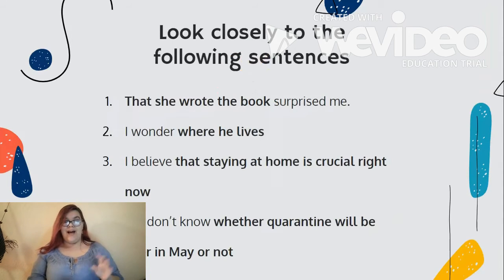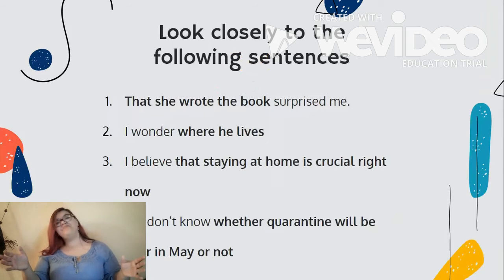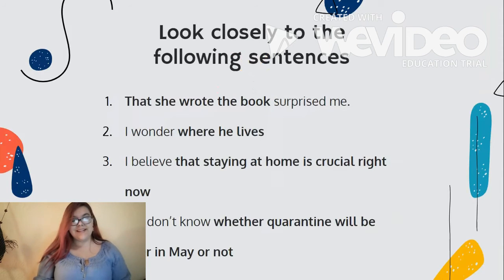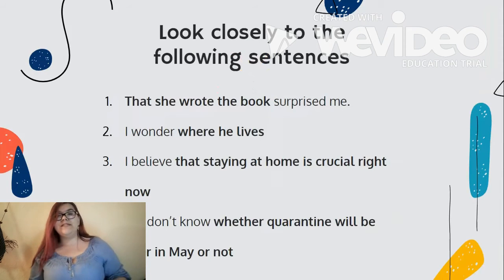And then we have, I believe, and that staying at home is crucial right now is working as the object of the sentence. We have the fourth one that says, we don't know whether quarantine will be over in May or not. And right here, the noun clause is working as the object of the sentence.